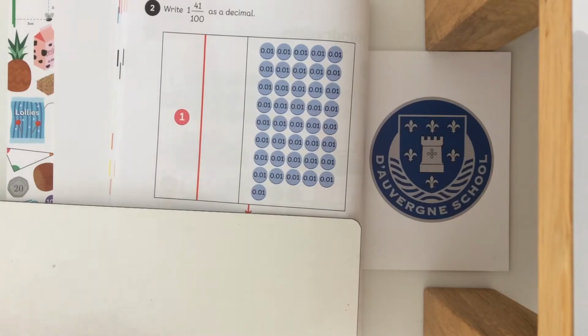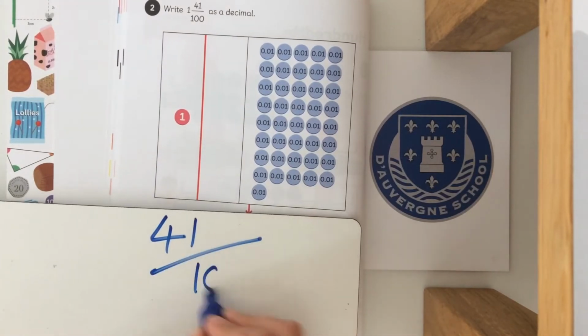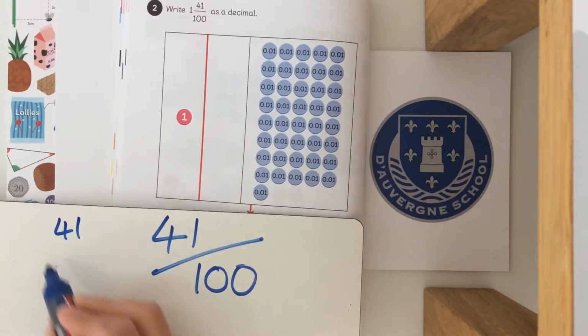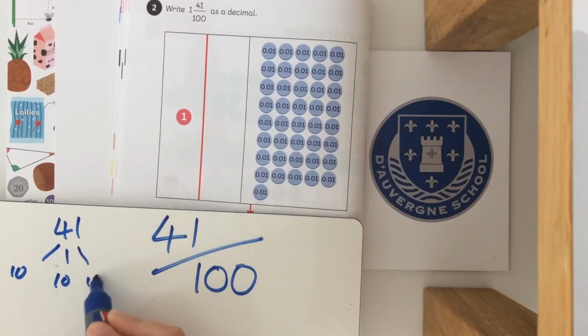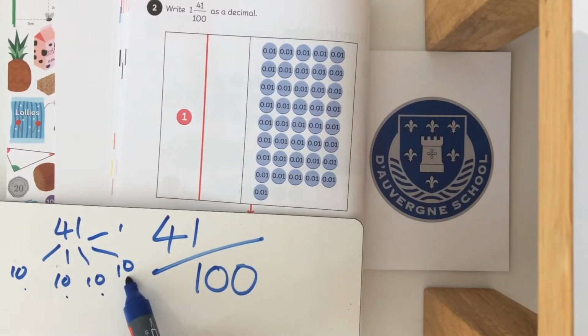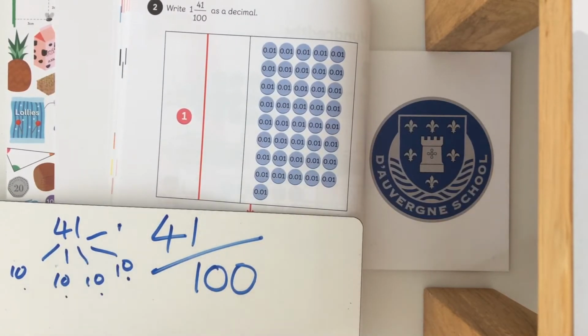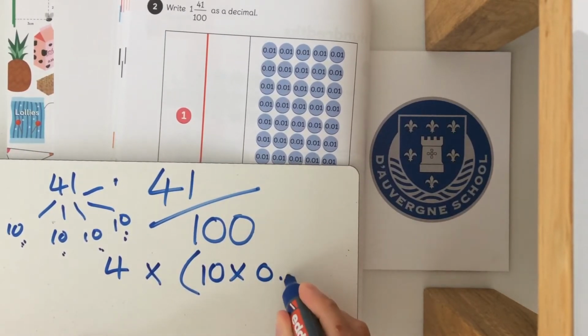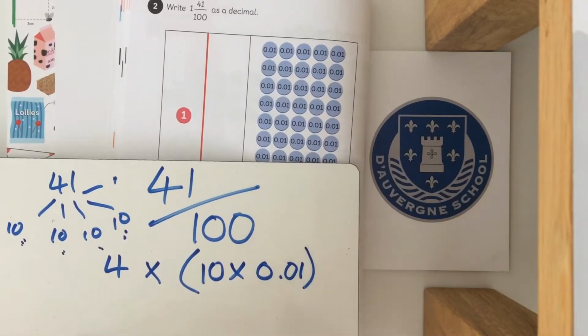Okay, so if we've got 41 hundredths, we can split that 41 into 10, 10, 10, 10, and 1. 10, 20, 30, 40, 41. Okay, that's me using my knowledge of my 10 times table. So that means I've got 1, 2, 3, 4 groups of 10 times a hundredth.